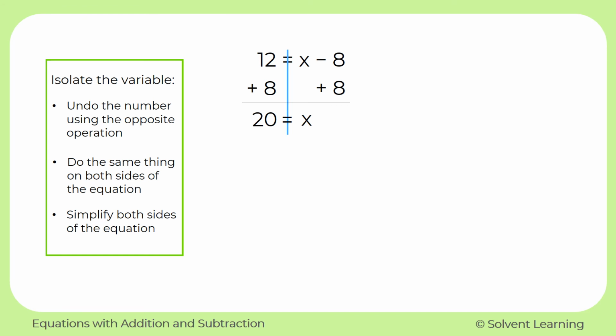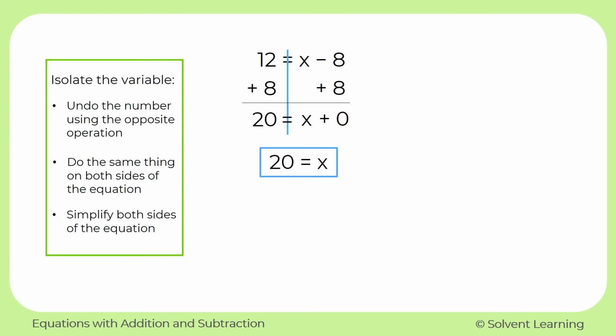We have minus 8 plus 8, that's just going to end up as 0. Now we have 20 equals x plus 0, but like we said in the previous problem, we don't even need to write the plus 0 because it doesn't change the value of that right side at all. That right side is just going to become x. So we can just write it as 20 equals x.